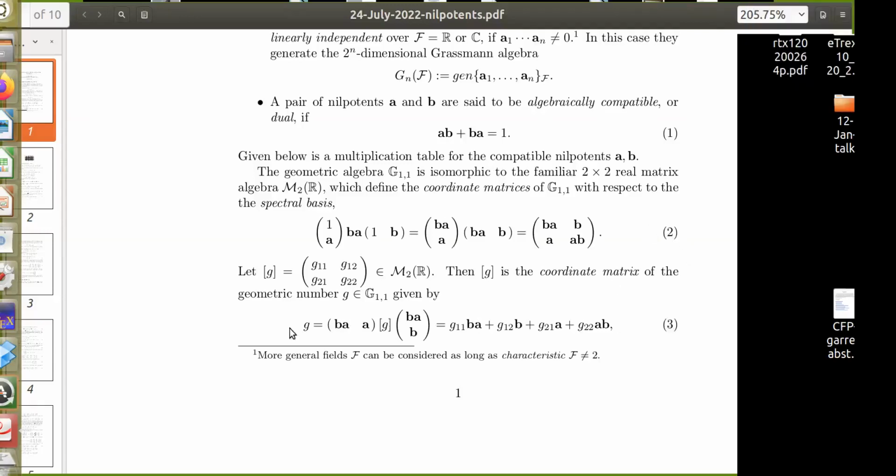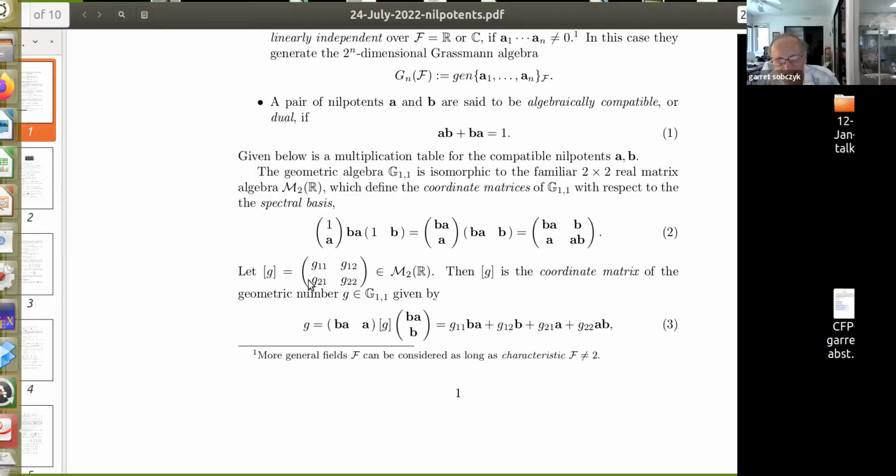If you have this matrix G11, G12, G21, G22, note that G11 corresponds to BA, because it's G11 times BA plus G12 times B, that's this element, plus G21 times A. That comes from this nilpotent. Do you understand that?